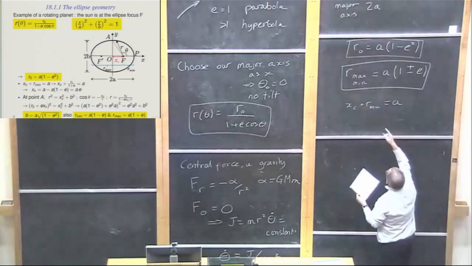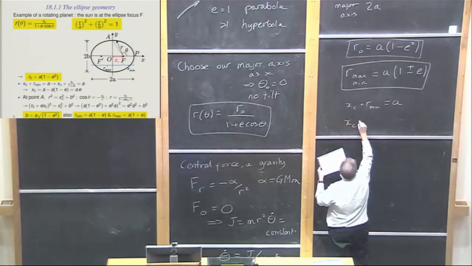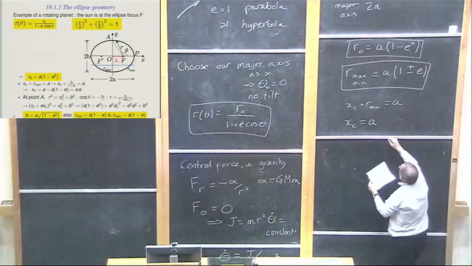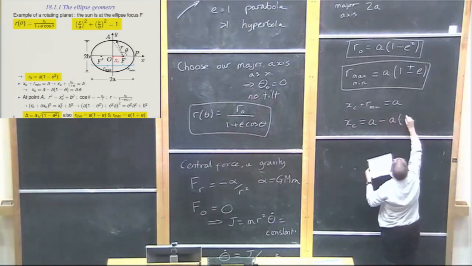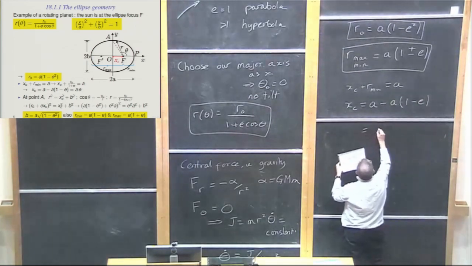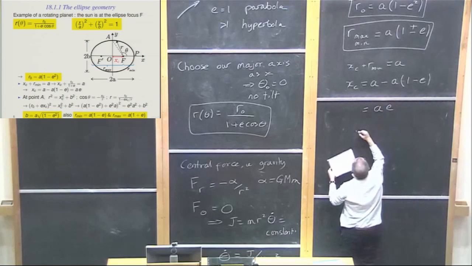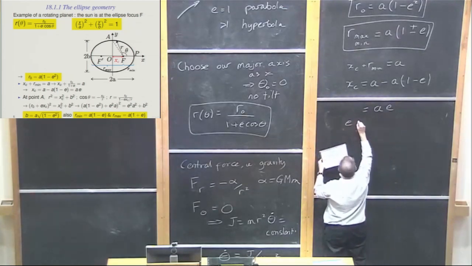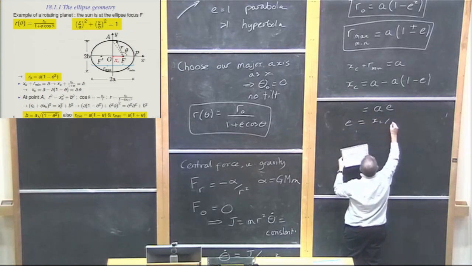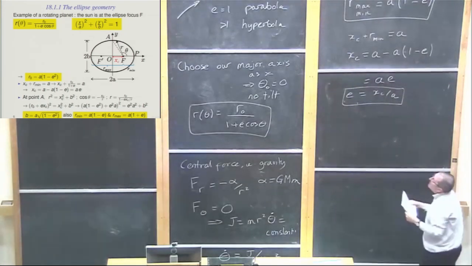Now we have this nice expression for r min, so we can make use of that. I can write xc equals a minus r min, which is a minus a times 1 minus e, which is equal to a e. So I can rearrange that and write the eccentricity is xc over a. That is an expression involving yet another parameter, xc.